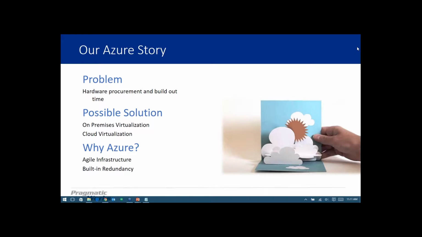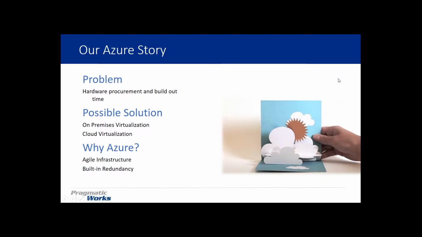We've got companies that buy huge amounts of hardware for development and test environments when they only use them a fraction of the time. In Azure we only pay for the compute and the storage that we use, so a lot of times it actually is more cost effective to move up into the cloud.